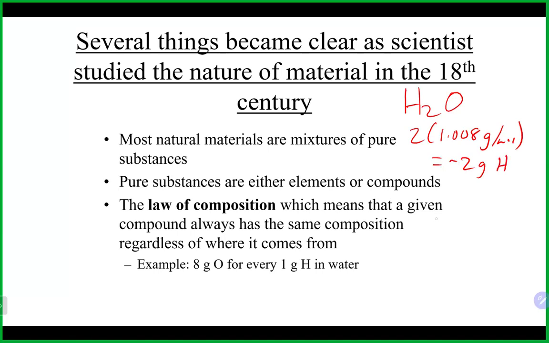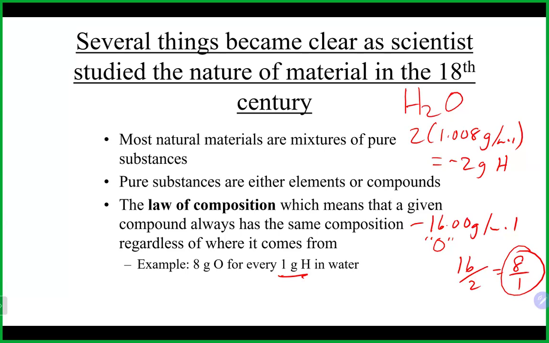And each oxygen is 16 grams per mole, approximately. So if I take 16 divided by 2, that gives me an 8-to-1 ratio. So again, for every 1 gram of hydrogen, I have 8 grams of oxygen. That is always the situation for water, no matter where you get your water, no matter what bottle it is. The water part of it is always that ratio.